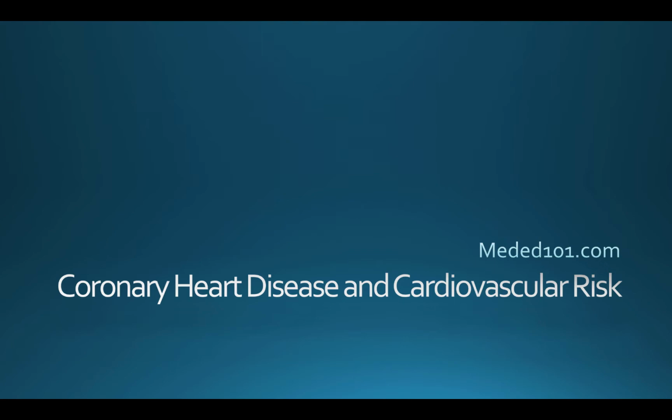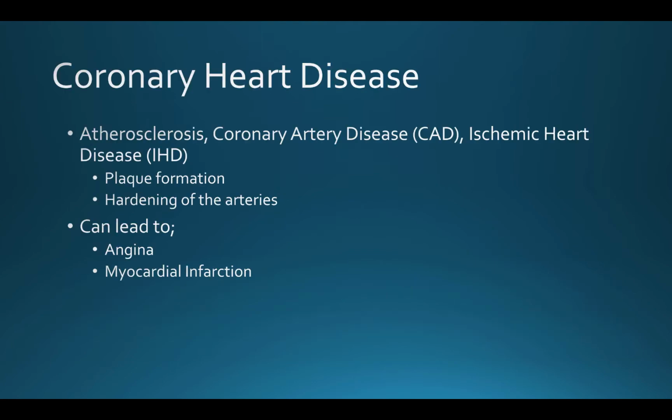All right, let's talk a little bit about, this is more of a primary care, chronic disease management, looking at coronary heart disease as well as cardiovascular risk. So first off, we've got atherosclerosis, and this is really that plaque formation that may lead to an MI, a heart attack type event.